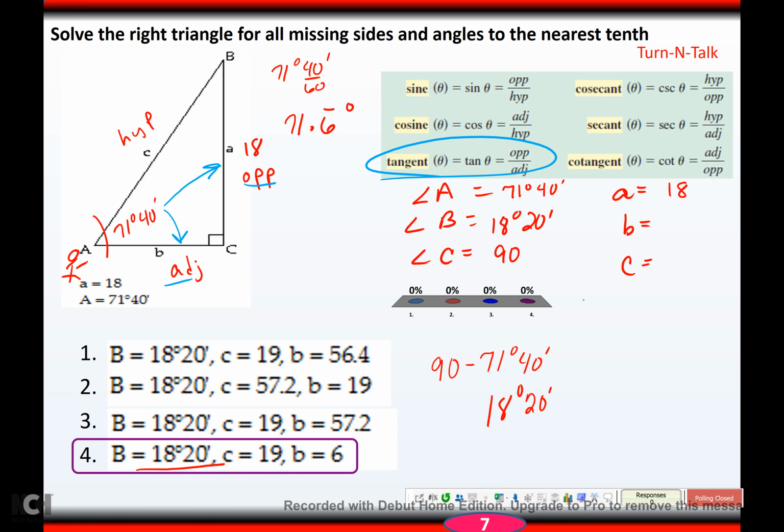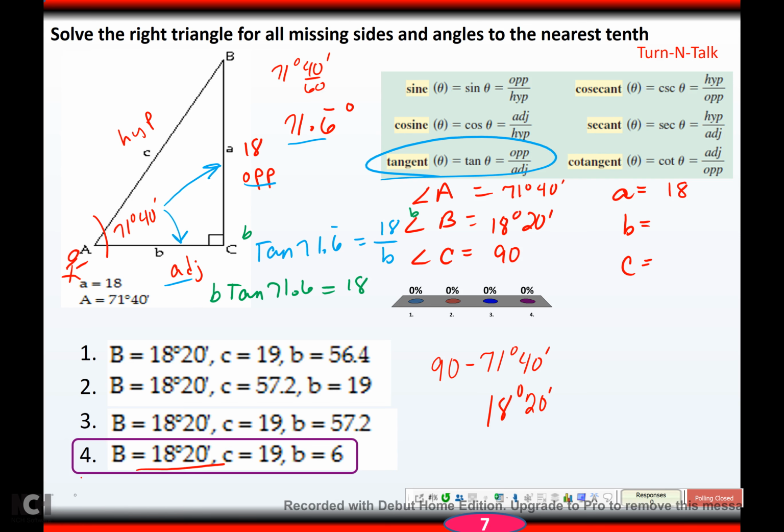So I would set up tangent of 71.6 repeating degrees equals opposite, which is 18, over adjacent, which is B. Now if I solve that, I'm going to multiply both sides by B. That gives me B times the tangent of 71.6 equals 18.